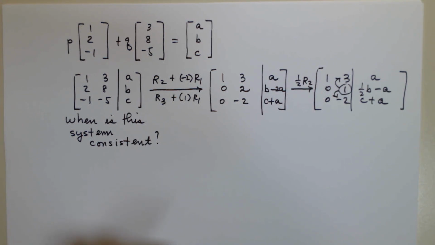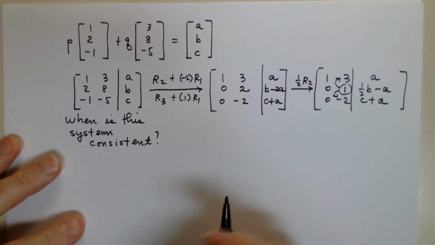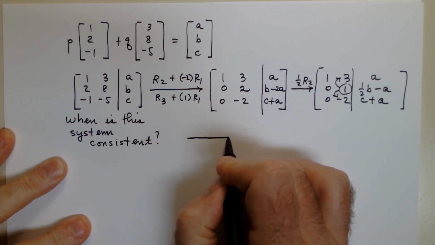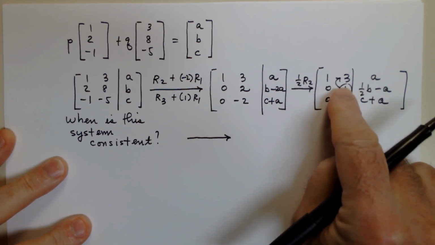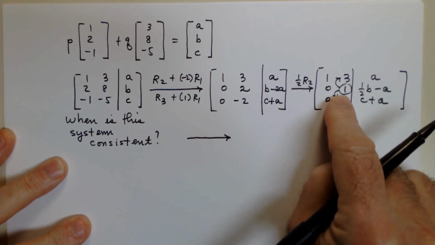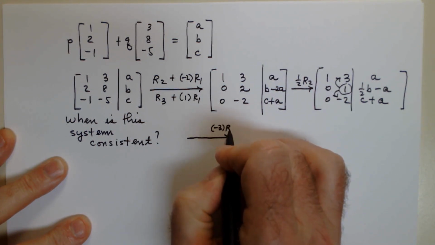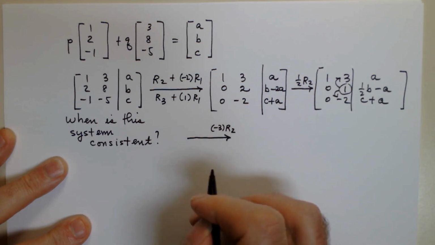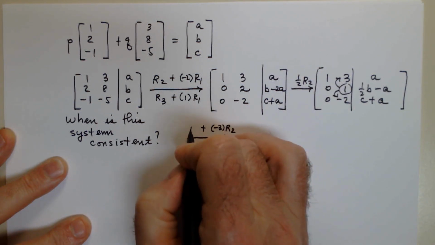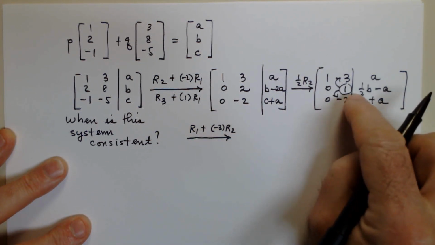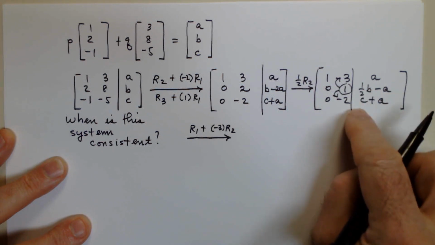So I'm going to have to do a couple of row steps here. Let's continue. I'm going to have to take negative 3 times row 2 and add that onto row 1. I'm going to have to take 2 times row 2 and add it onto row 3.